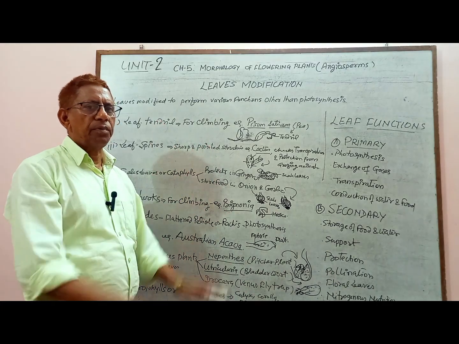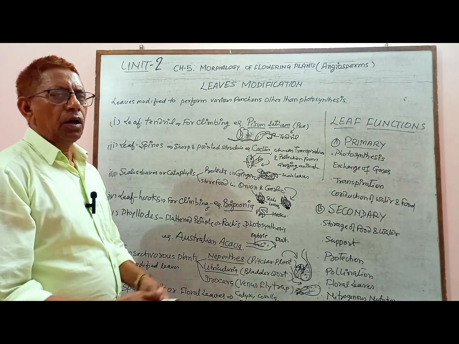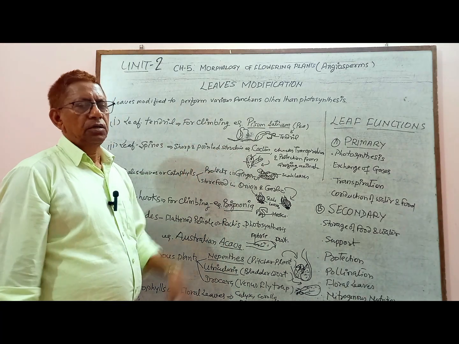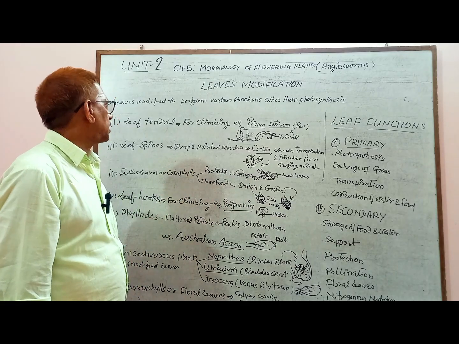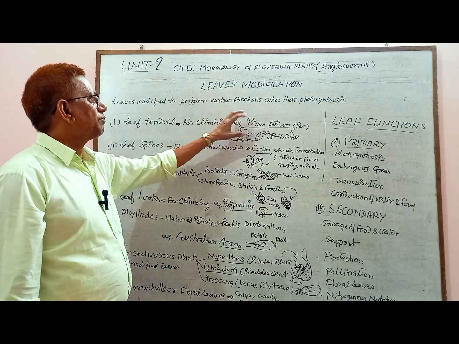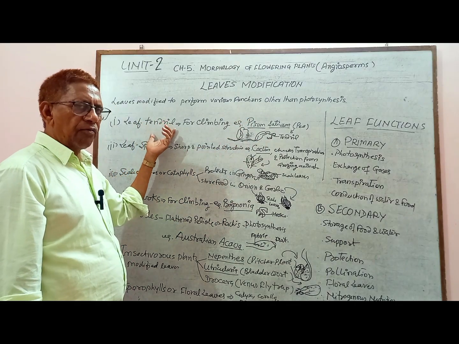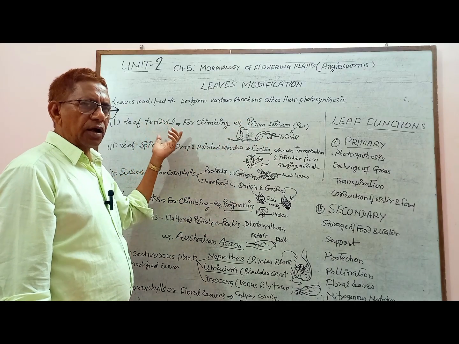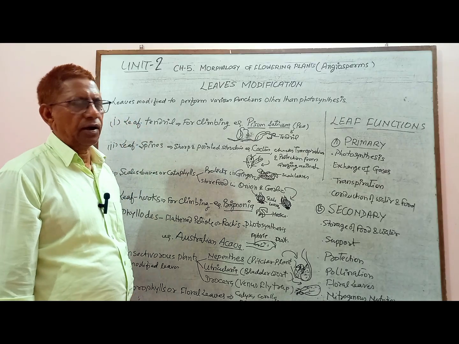It also helps in the tender stage for climbing or creeping on the surface on which they are present. So the leaf lamina is modified into tendril form, mostly in early stages. That's why the first point is the leaf tendril.